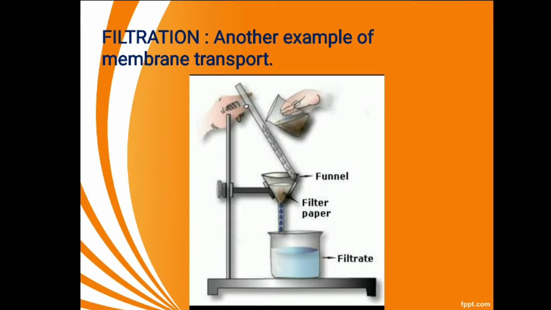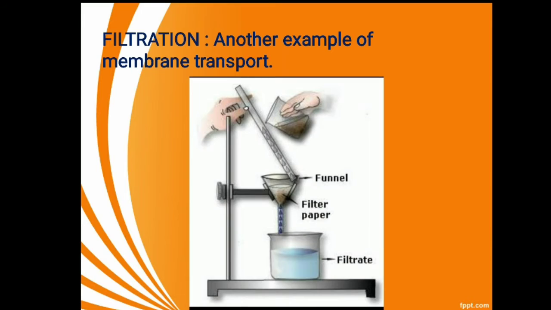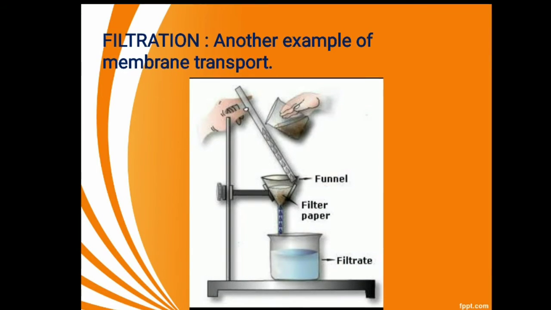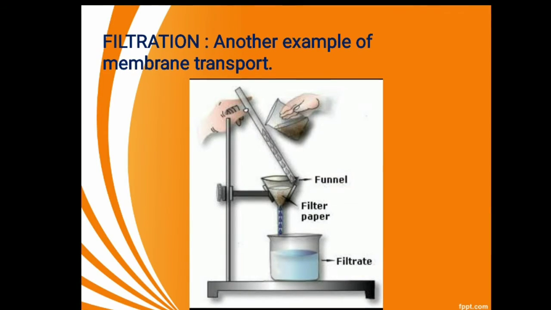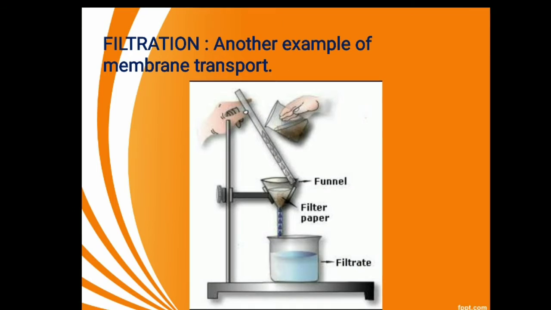Another example for the movement of materials across the membrane is filtration. All of you know the simple filtration. Here you can see a stand, a beaker, a funnel and a filter paper. If you take mud water or water which is mixed with wheat flour and filter it by using a filter paper and funnel, what can you observe?